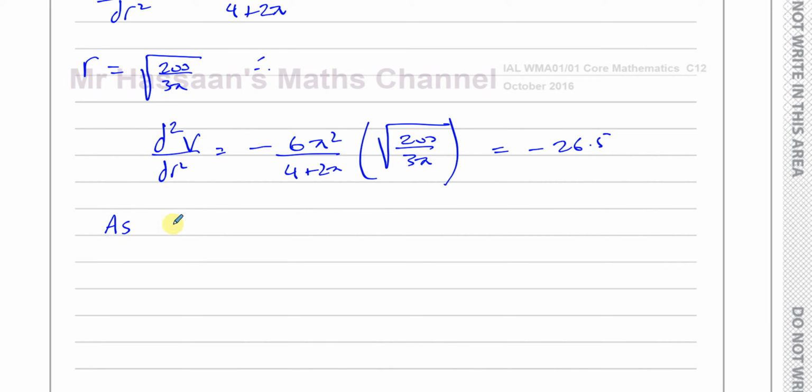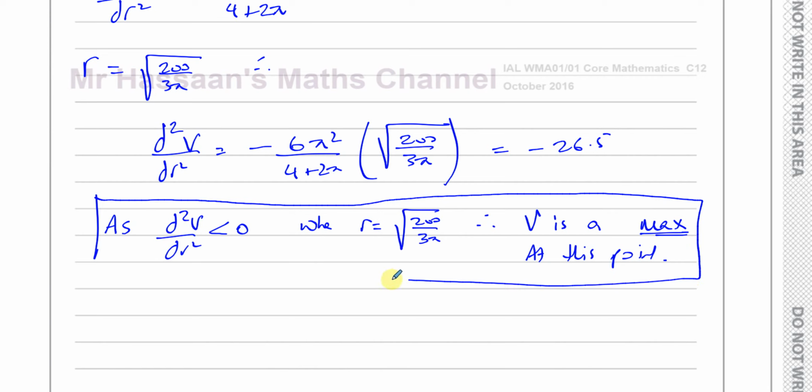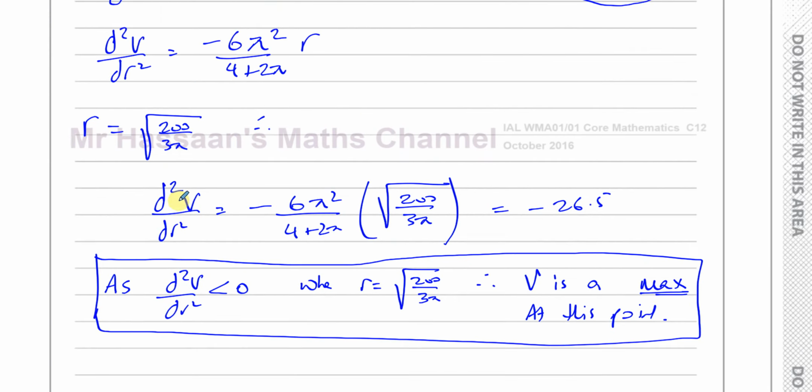Say: as the second differential is less than 0 when r equals the square root of 200 over 3 pi, therefore V is a maximum at this point. Because the second differential is negative, V is a maximum. That statement is essential. If you miss out that statement, you'll definitely lose a mark from this question.